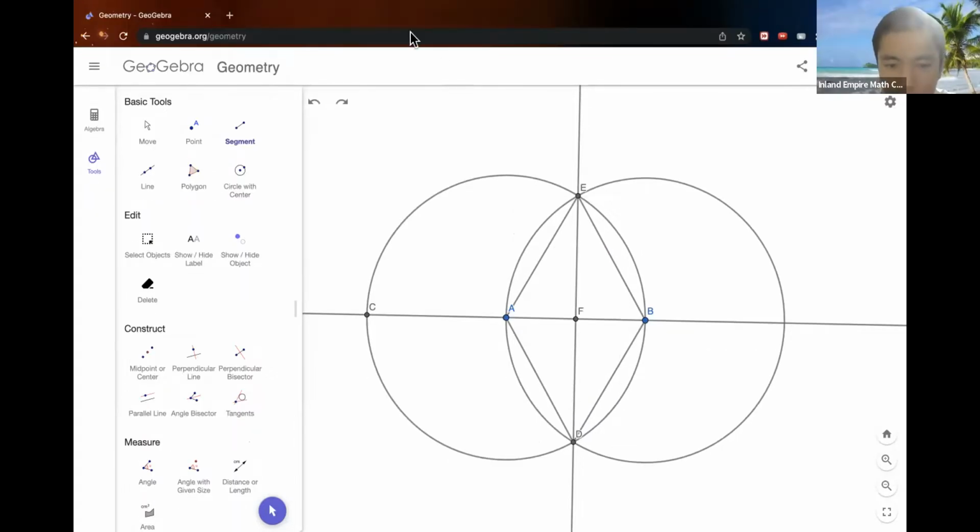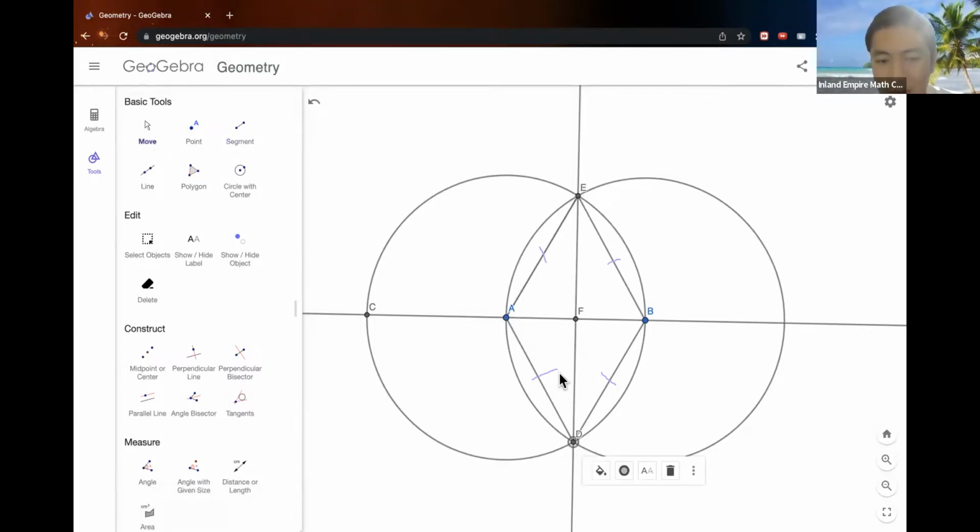All right, thanks. So as I was saying, AE, AD, BD, and EB are all equal sides. And so by SSS congruency, we know that AED, which is this slender triangle on the left, and EBD are congruent triangles.